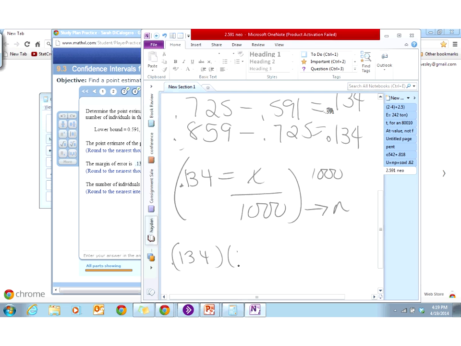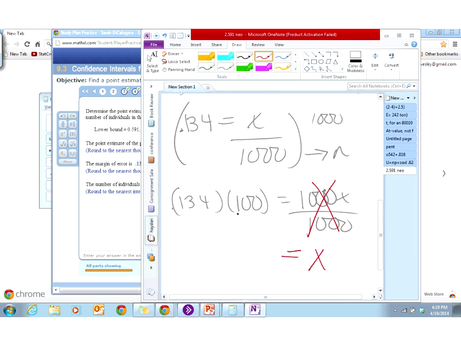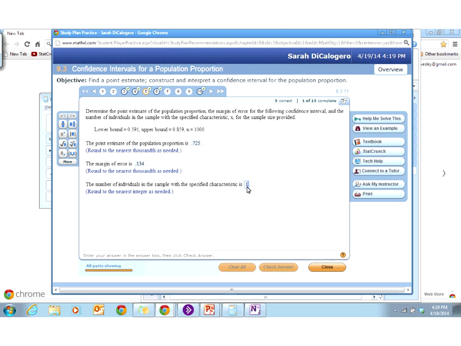So I'm going to get 0.134 times 1,000 equals 1,000 x over 1,000. And then these cross out. I'm left with an x over here. And then multiply, and of course this is 1,000. 0.134 times 1,000, which means I have to move 3 decimal places. 1, 2, 3. So I'm going to get 134.